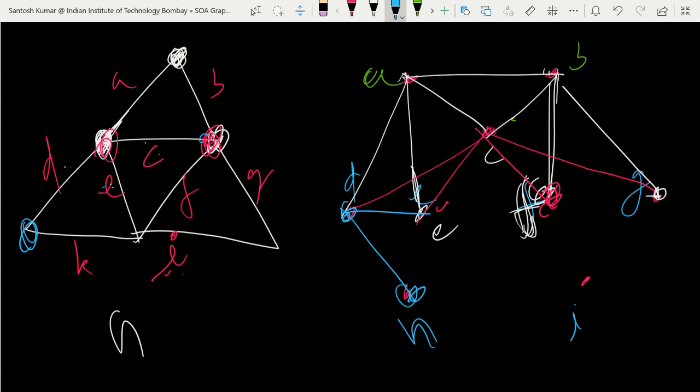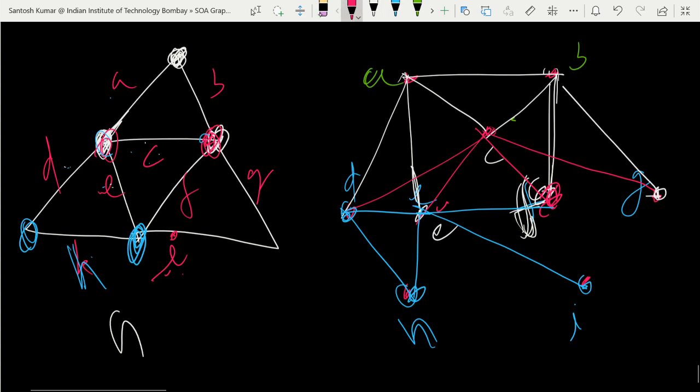Now come to E. E shares with H, I, F, and here it shares with D, C, A. Well done.